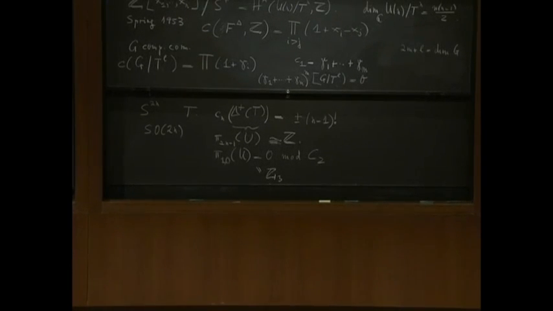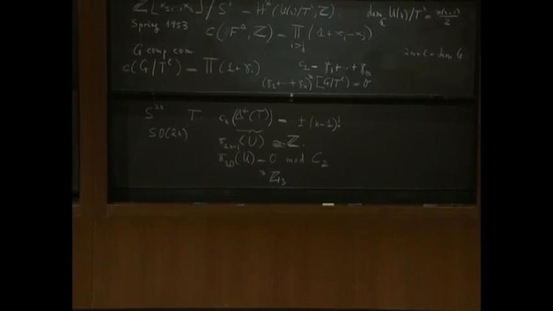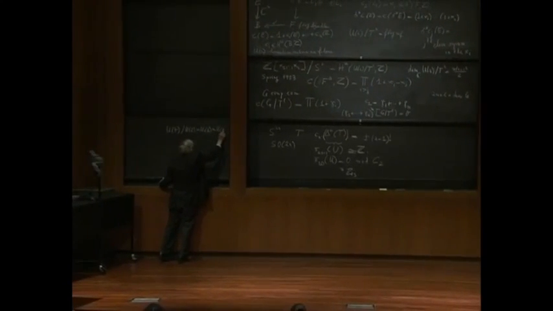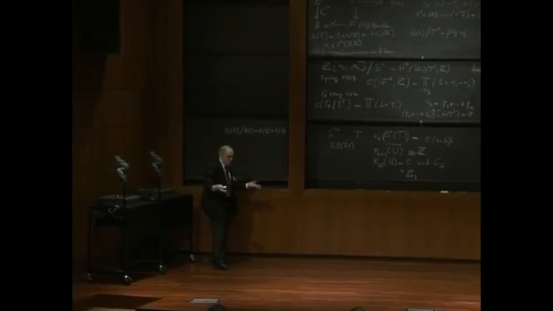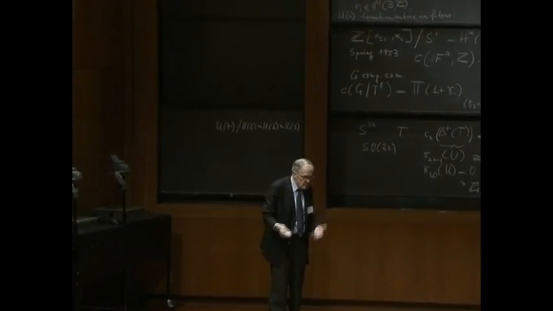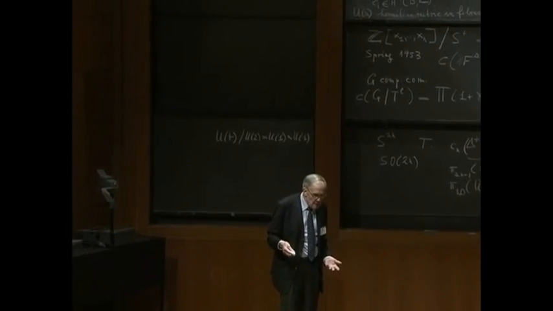Namely, a nice exercise is to take the homogeneous space U4 divided by U2 cross U1 cross U1, because we also calculated Pontryagin classes and characteristic classes for homogeneous spaces.